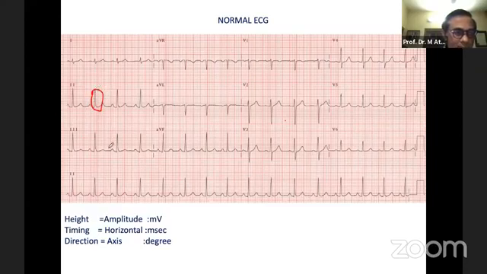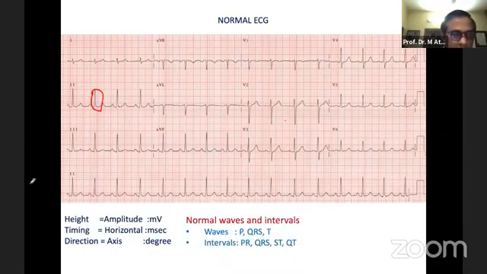So this is one of the magnitudes, and the unit is the millivolt. Along this line, it is the timing, which can be expressed in milliseconds. And what I have described already, the direction, that is in which direction the Q wave or QRS complex is moving, in degrees.